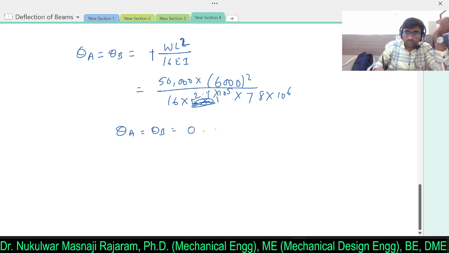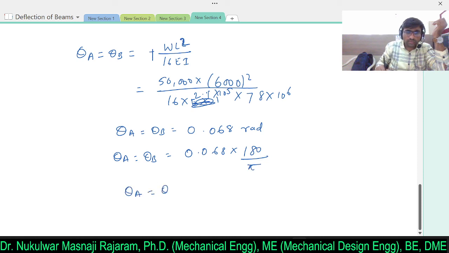So that is 0.068. Whether it is in degree or radian, definitely it will be in radian. If we want it in degrees, then we must multiply by 180 by pi. Simple.